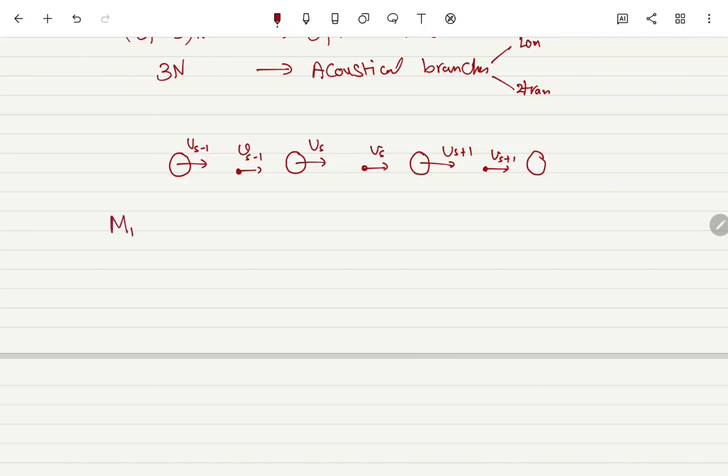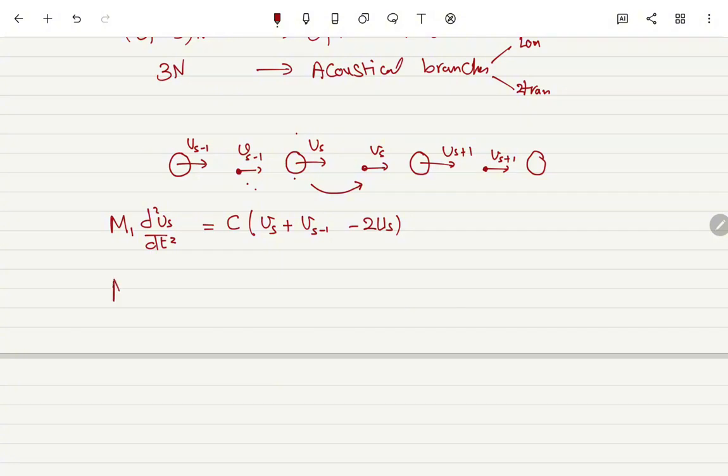M1 for the first atom, d2us by dt square is equal to c, the force constant. And remember, we're taking the successive planes. If this is us here, and this one here vs, then vs minus us plus vs minus 1 minus us. So in total, it's equal to c times vs plus vs minus 1 minus 2 us.